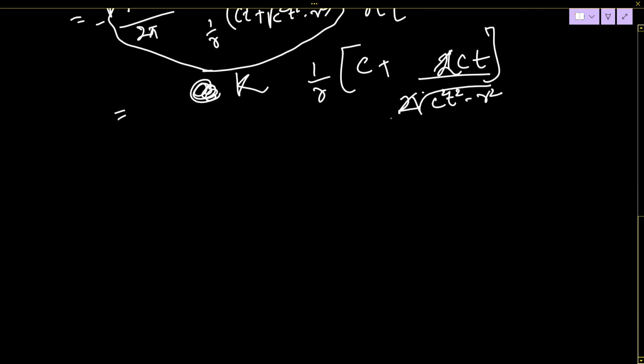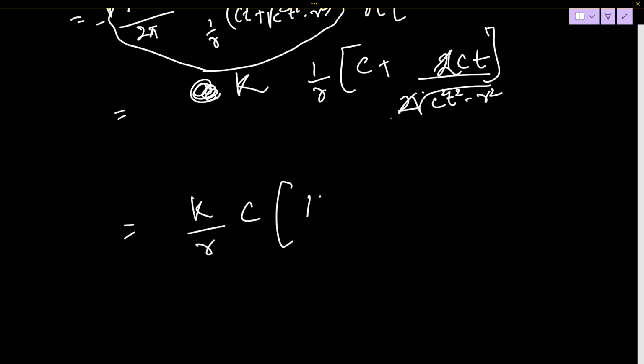Now what will it become? It will become k/r, taking c common, times (1 + ct/√(c²t² − r²)).